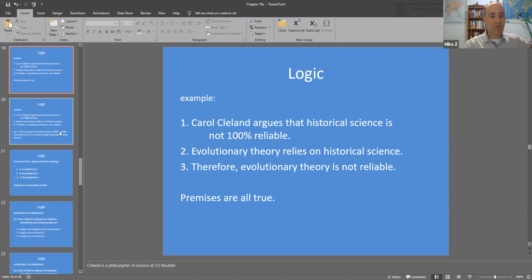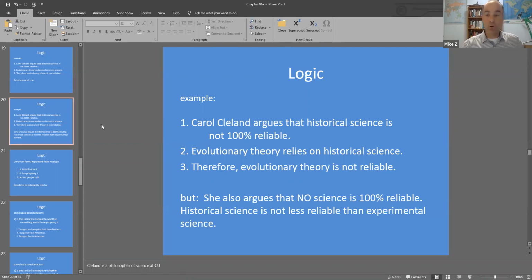However, here's the more realistic, important information that this argument is leaving out. Carol Cleland was extremely upset when she saw that opponents of evolutionary theory, evolution deniers basically, were presenting her work as being in favor of their viewpoint, because she argues that no science is 100% reliable.